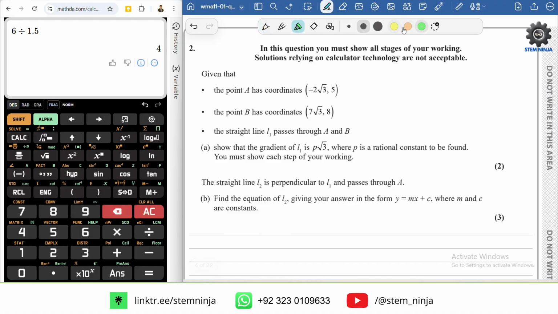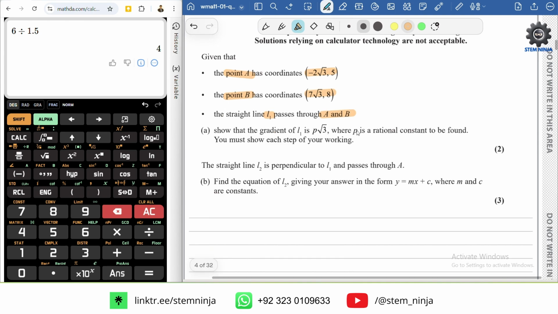Question number 2. Given that the point A has coordinates minus 2 root 3, 5, point B has coordinates 7 root 3, 8. Straight line L1 passes through A and B. Show that the gradient of L1 is P root 3, where P is a rational constant to be found.